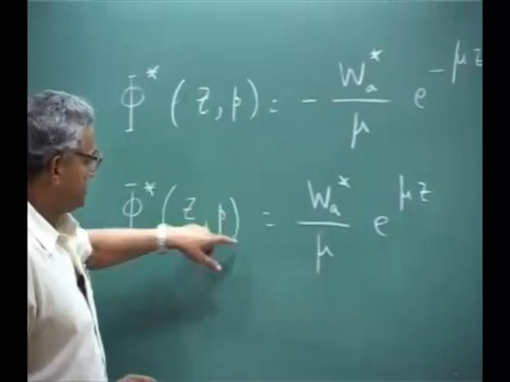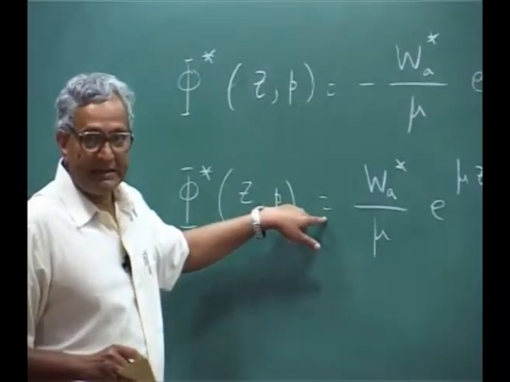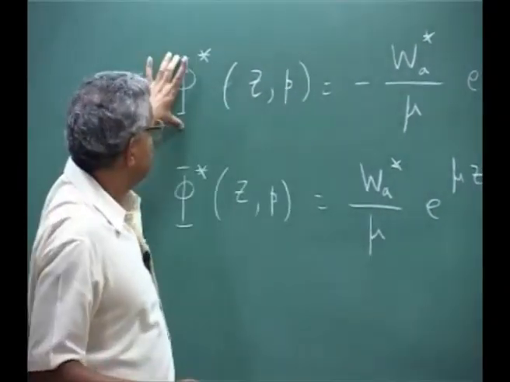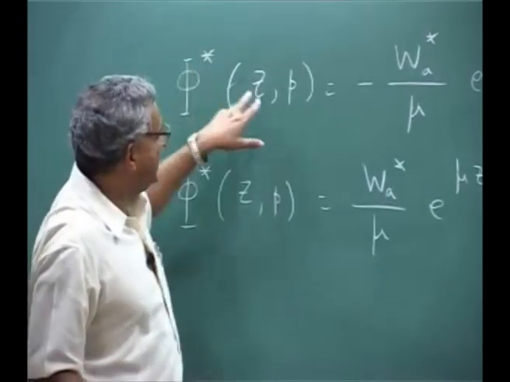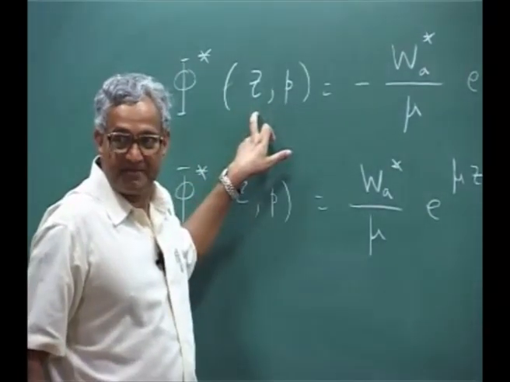So you see the antisymmetry, but this is the phi star at any location z.